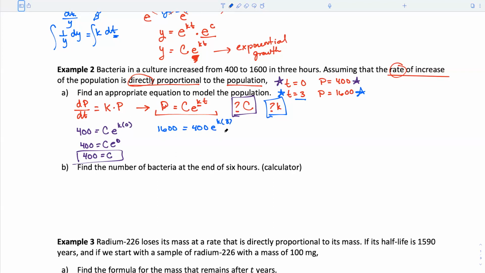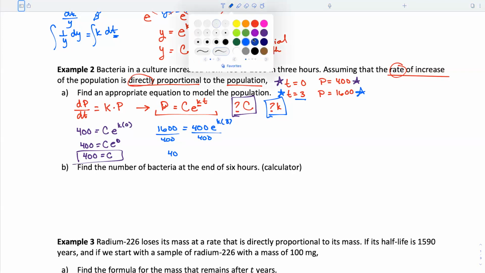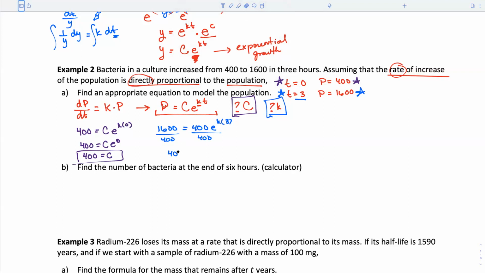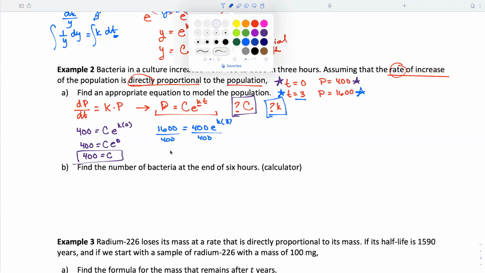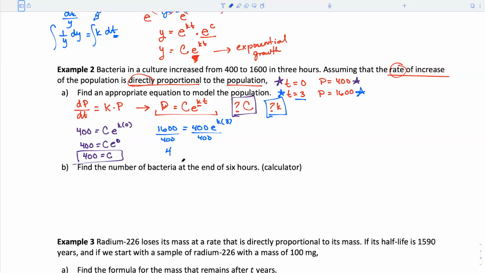Solve this, divide both sides by 400, right? 1600 divided by 400 is going to be 4. So 4 is equal to e to the 3k.